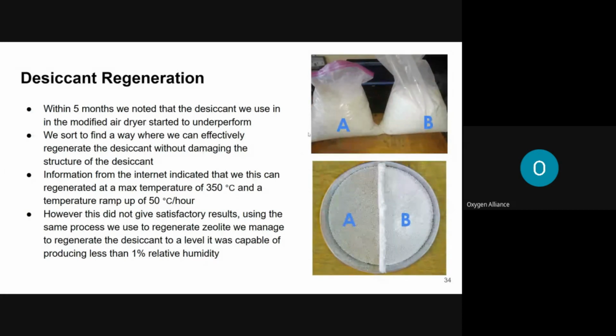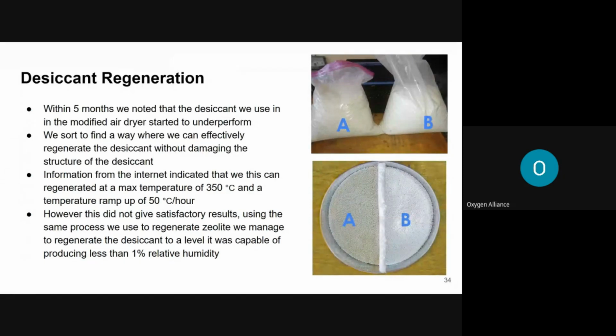So we needed to find a way to regenerate the desiccant without damaging the structure. We did a bit of research again, and we came across information which indicated that we can regenerate the desiccants at a max temperature of 350 degrees Celsius, with a temperature ramp up of 50 degrees Celsius per hour, otherwise we would damage the structure of the zeolite.